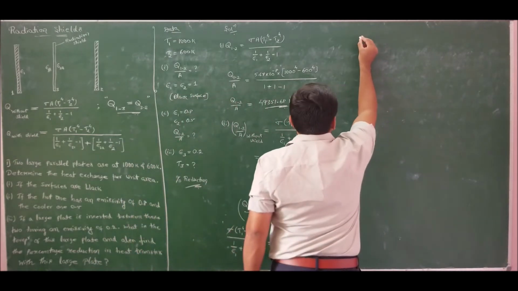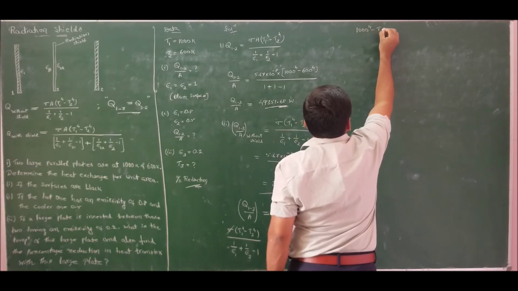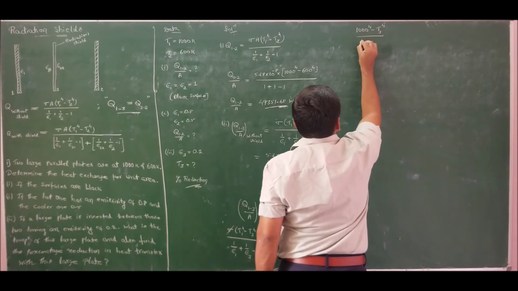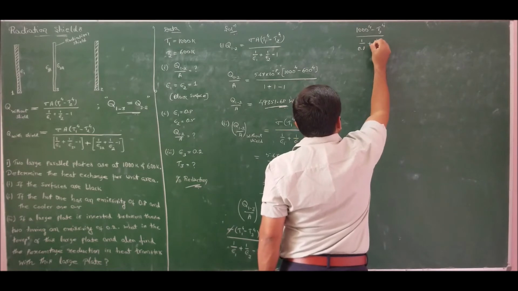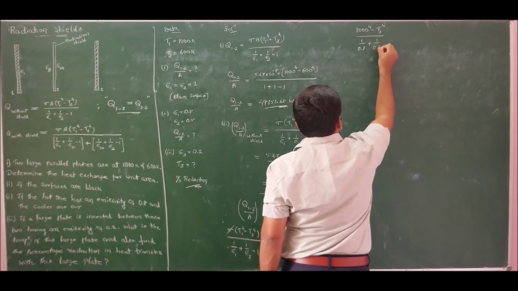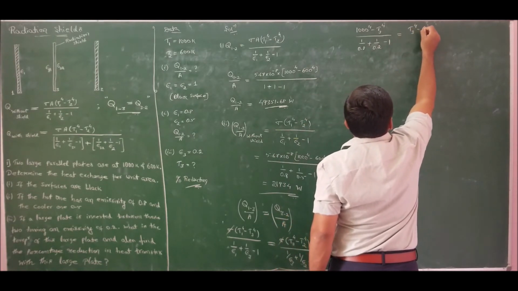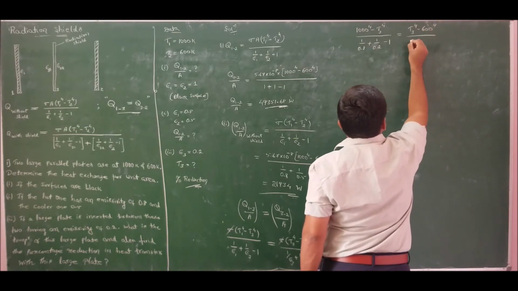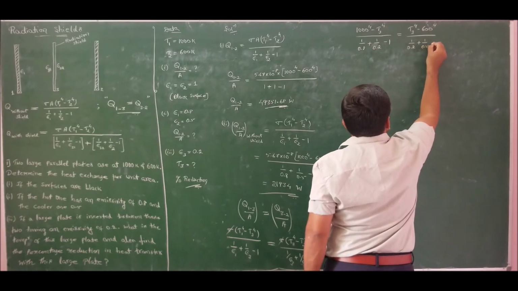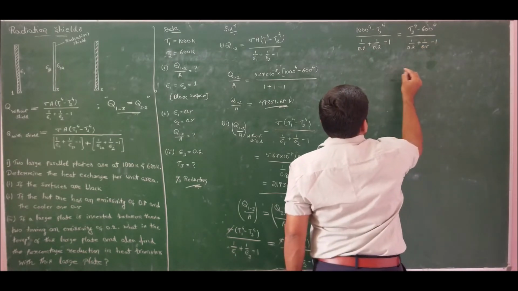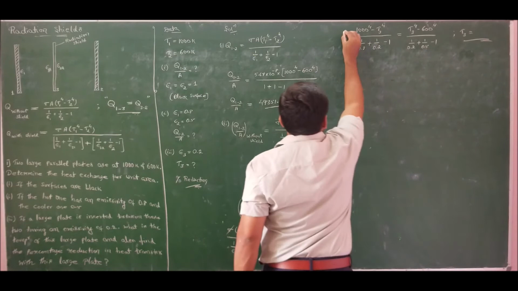Hence I am left with (1000 to the power of 4 minus T3 to the power of 4) divided by (1 by epsilon 1, which is 0.8 given, plus 1 by epsilon 3, which is 0.2, minus 1) is equal to (T3 to the power of 4 minus 600 to the power of 4) divided by (1 by 0.2 plus 1 by 0.5 minus 1).